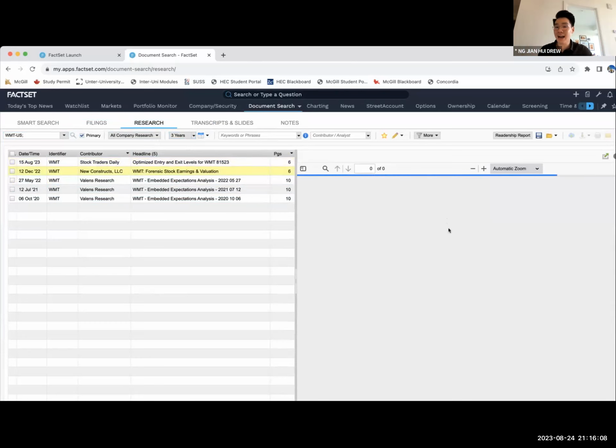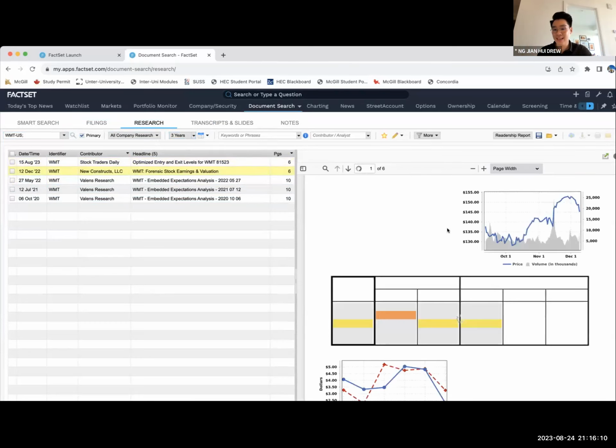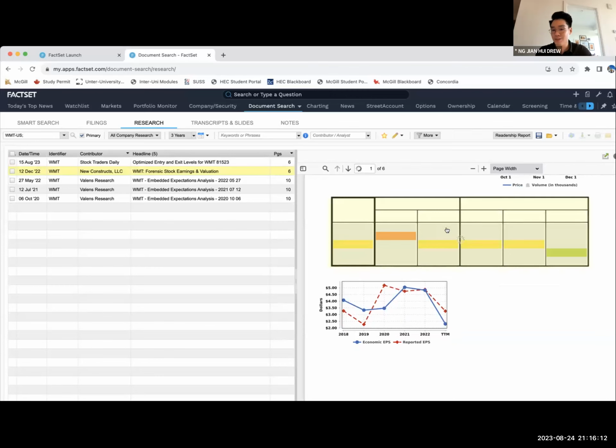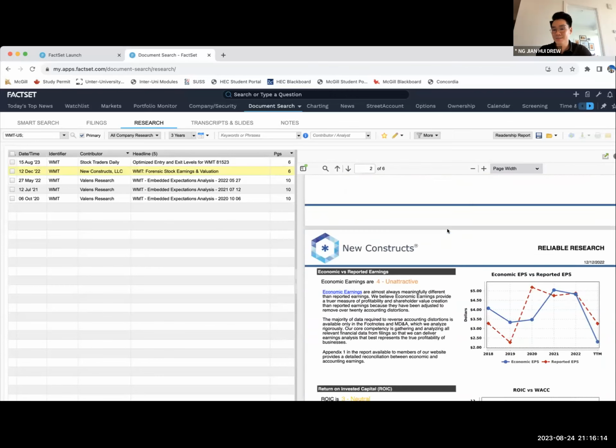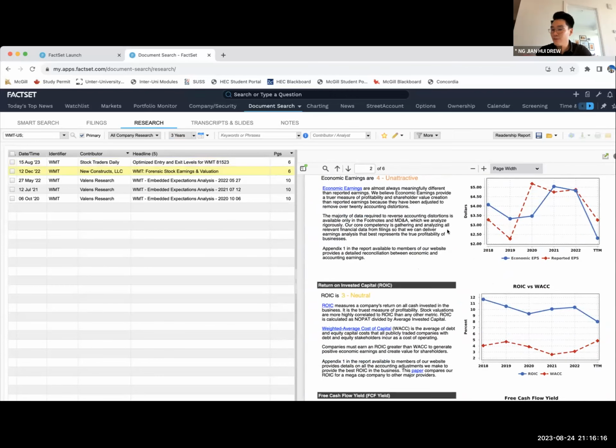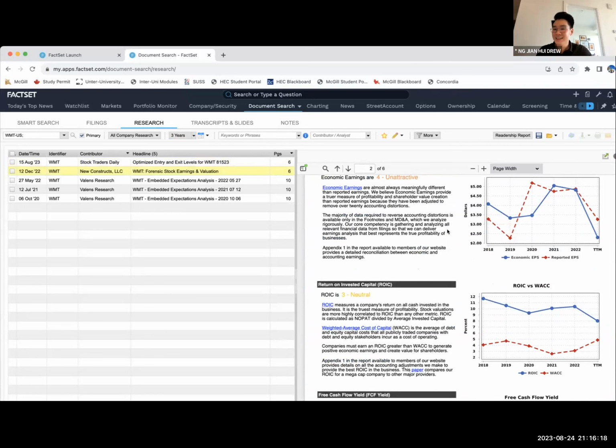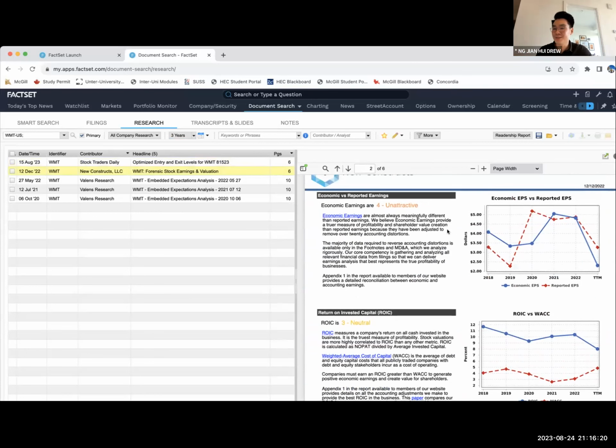So I actually encourage you to have a look at FactSet, to look at some of these reports that have been done. Because if you are new to valuation, the best way to learn valuation is to adapt your valuation ideas from the analysts that are already doing the valuation.